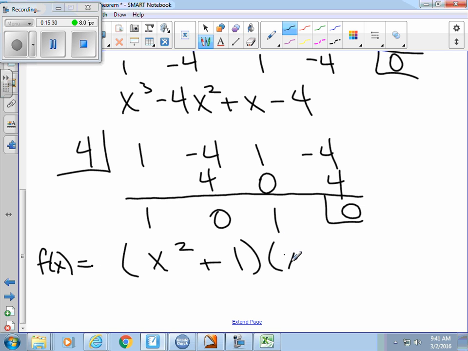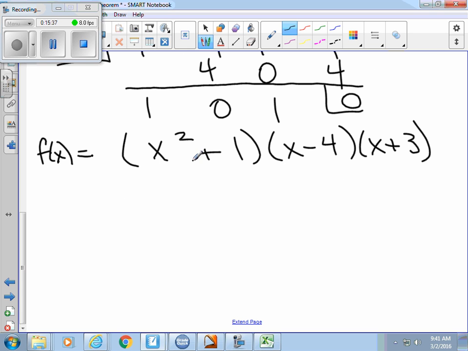it looks like this. This is completely equivalent to that polynomial in the original. It didn't ask me to factor it, but if it did, that's what it would look like. It asked me to find the solutions, all solutions. I know 4 and negative 3 are solutions, and then now I need to solve x squared plus 1 equals 0.